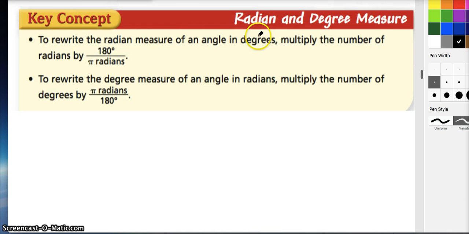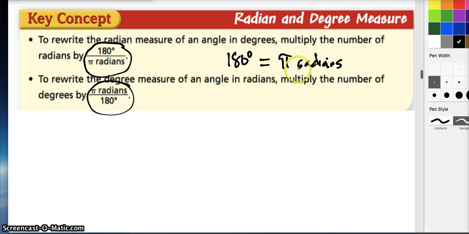So you all remember when we talked about radians and degrees, the fact is 180 degrees is equal to pi radians. And so we have this unique way of changing radians to degrees and degrees to radians by using this, I like to call it a gourmet one, honestly, because it really is just a number one.